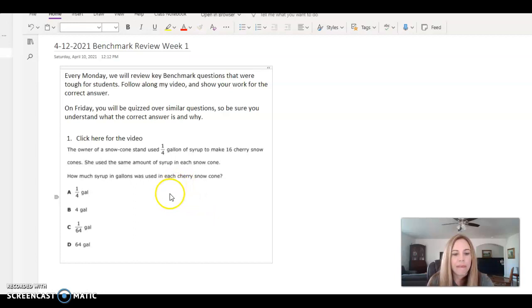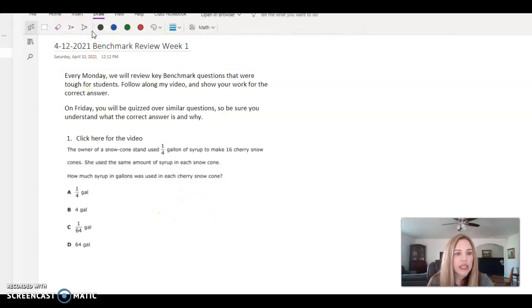Now the question is, if we are going to divide, what is getting divided? One thing that we always have a hard time understanding is that in division, it's the total that is getting divided. The total amount is getting divided up. Well, we're not dividing up snow cones, are we? It isn't talking about giving out snow cones to kids and how many does each kid get or anything like that.